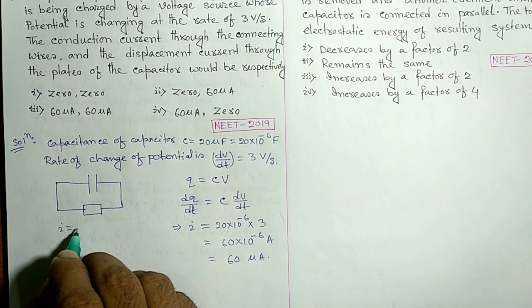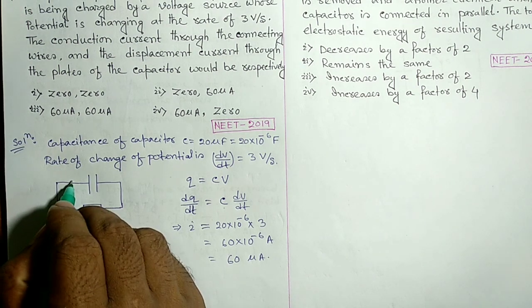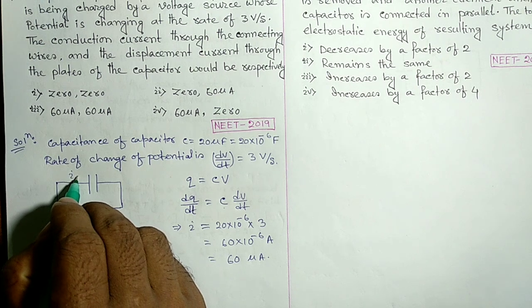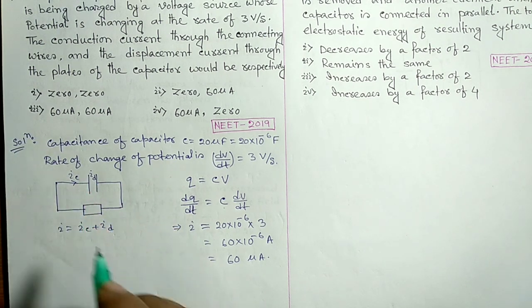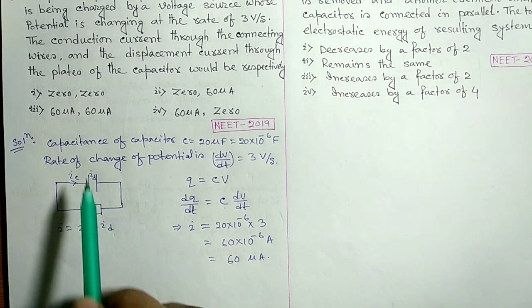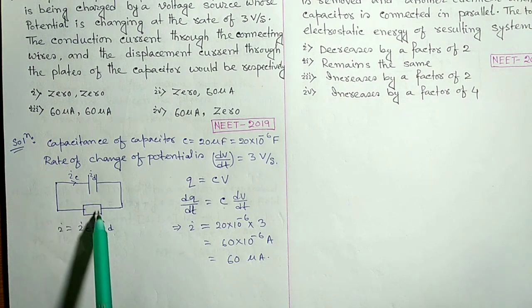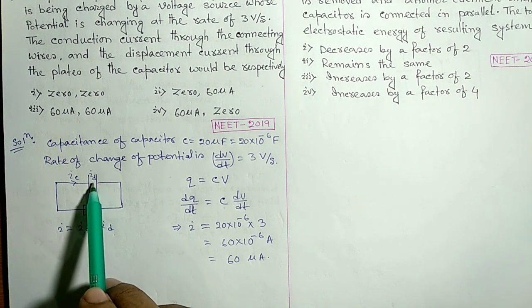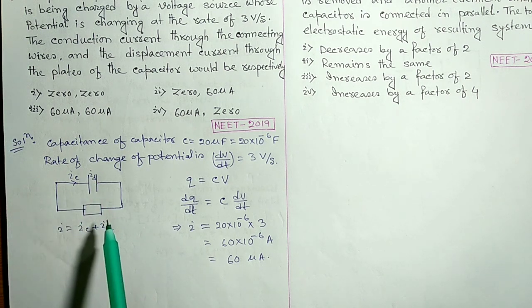Now we have to find the current and displacement current. Current is equal to IC plus ID. This is the conduction current and this is the displacement current. Conduction current is the electric current that flows through a conductor because of an applied potential difference, and the displacement current is the current due to the changing electric field inside the capacitor.